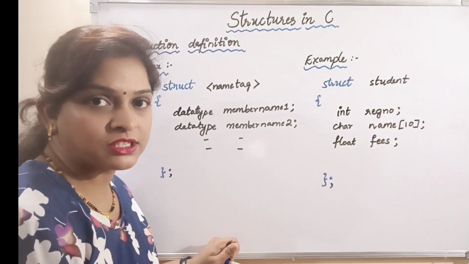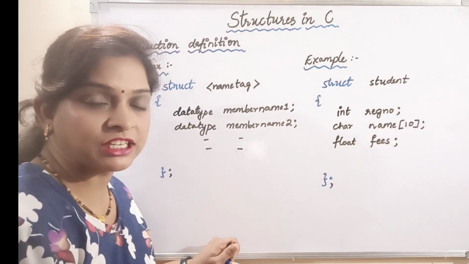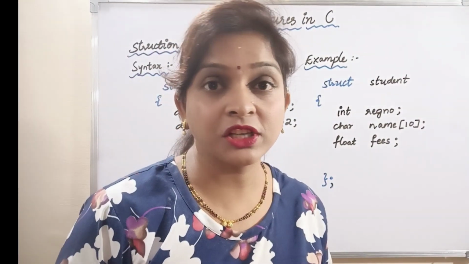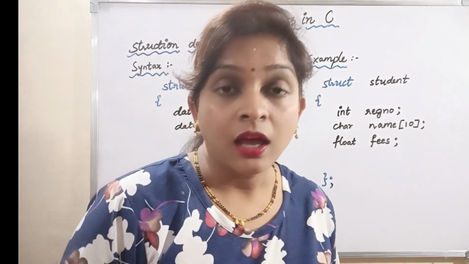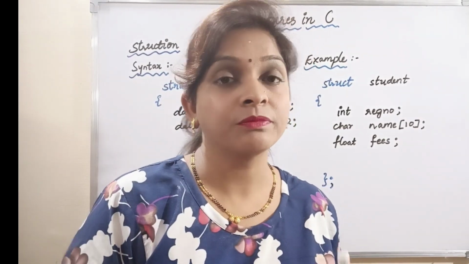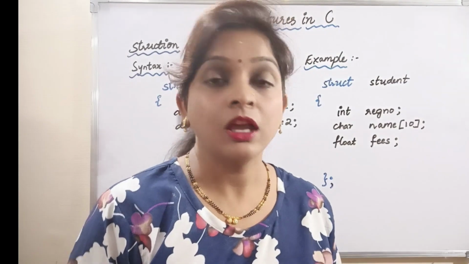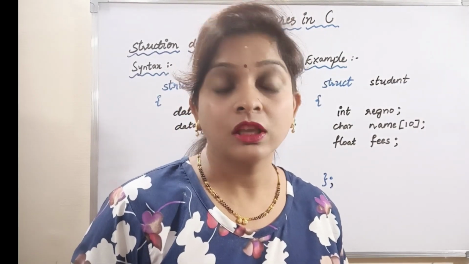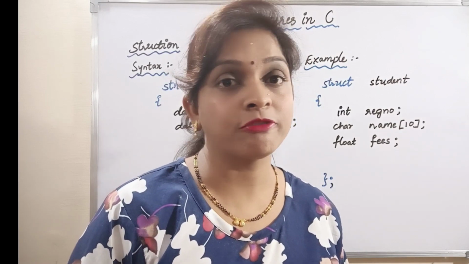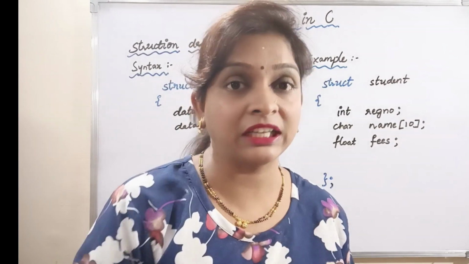So what actually the structure definition is, as the name itself tells you, it is going to define the structure. So structure is a user defined data type, means the user has to create a new data type, so that definition has to be specified clearly. So how do I specify the definition? When I say it is user defined data type and it is going to store multiple values of multiple type, means it is representing an entity.